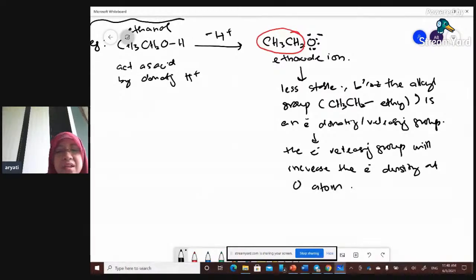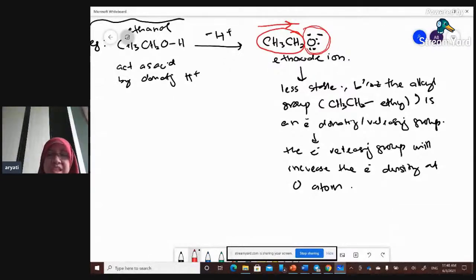So, dia akan tolak elektron kepada oksigen atom. Dia menyebabkan oksigen atom ni sangat-sangat negatif. So kita sebenarnya nak kurangkan dia negatif sebab kita kalau boleh nak jadikan dia satu spesies yang neutral. Kita tak naklah dia semakin negatif.